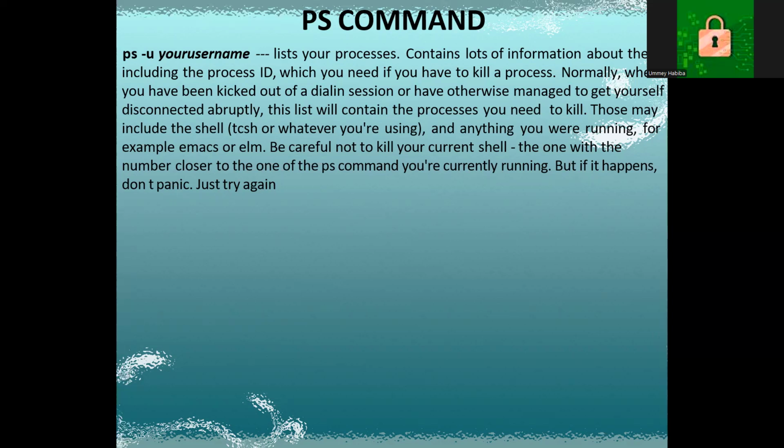It shows information such as process ID, also called PID, the user who started the process, CPU time used, and the command that initiated the process. This command is very useful for understanding how processes are functioning within the system.